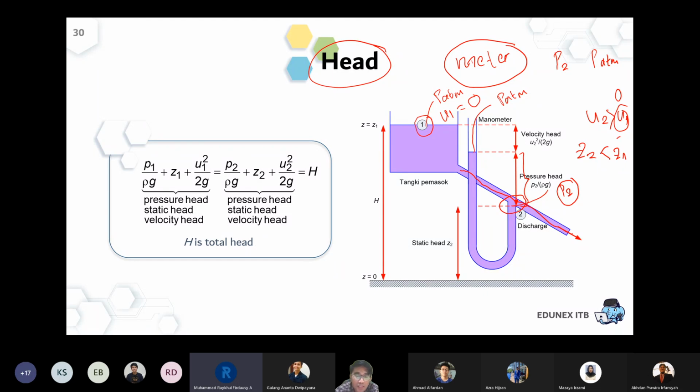Yeah, since Z2 is lower than Z1, it means the potential energy is decreasing at point 2. Potential energy is decreasing. The velocity head is increasing. Yeah, the kinetic energy is increasing. It means the pressure energy should increase.